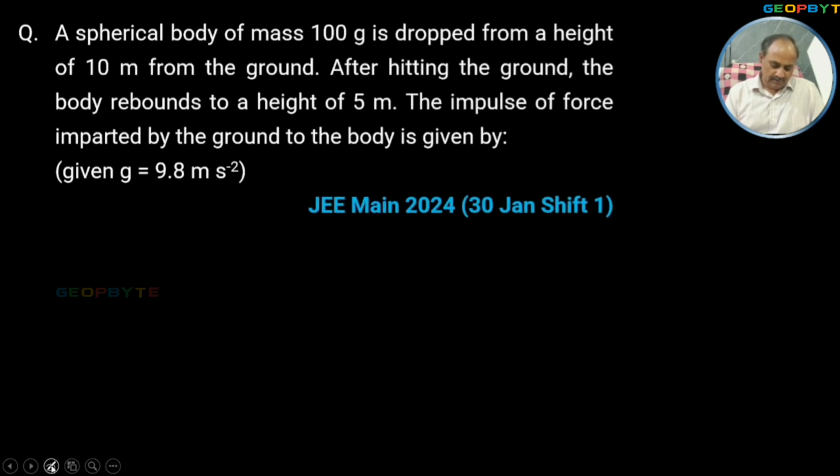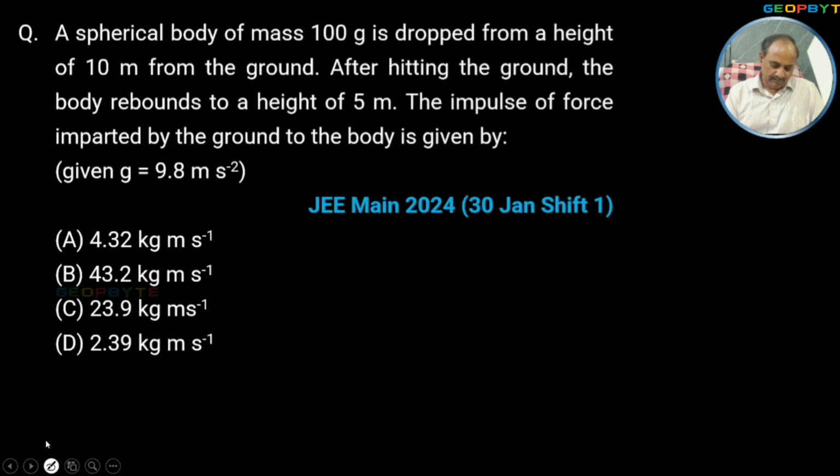Look at the screen. It is asking like this. A spherical body of mass 100 grams is dropped from a height of 10 meters from the ground. Let us take the ground. Let me write it clearly.